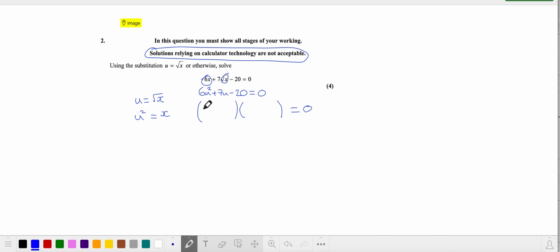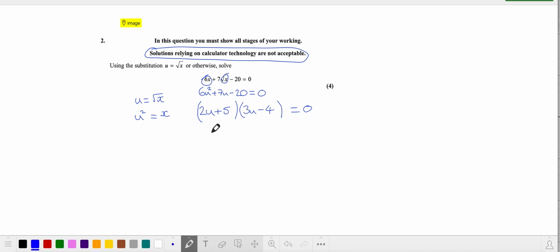So factorize it. I'm going to say it's going to be 2u and 3u, and I'm going to say it's going to be minus 4 and plus 5. That'll give me minus 8u plus 15u, which is my 7u. 5 times minus 4 is minus 20.